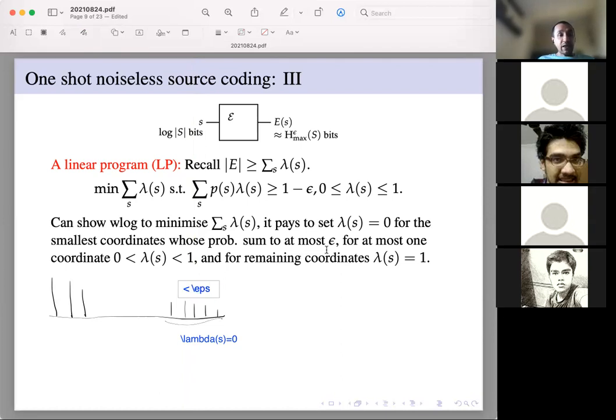Now, there can be at most one coordinate where lambda S is strictly between 0 and 1. That is the next smallest guy. Let me draw that a little larger. For this probability, it can happen that the optimizing lambda S is between 0 and 1.